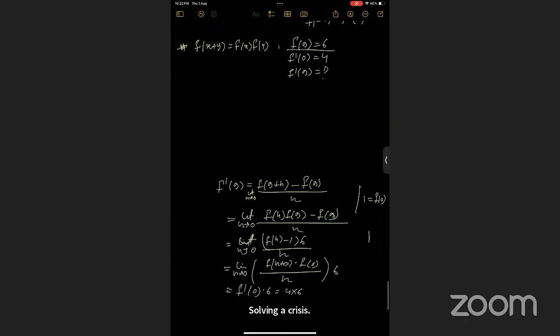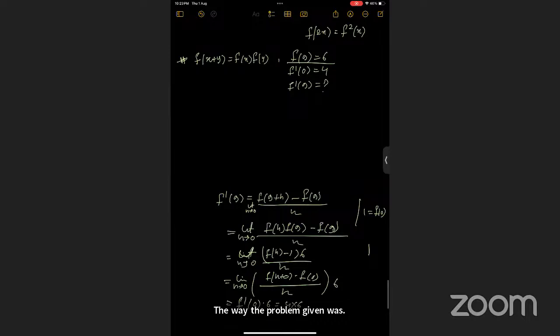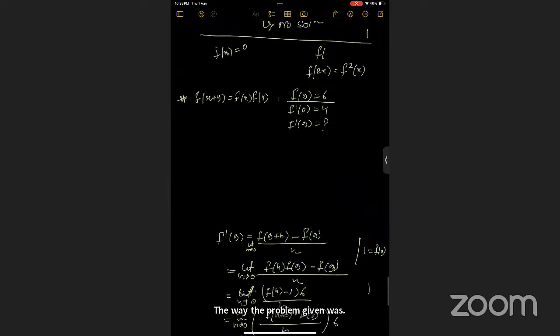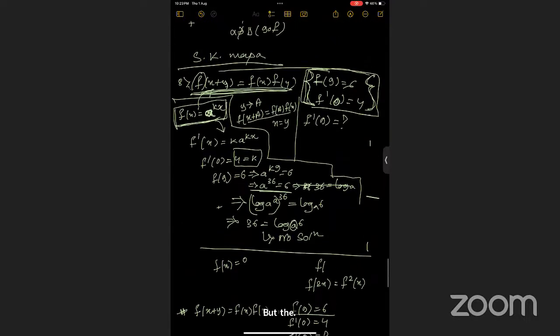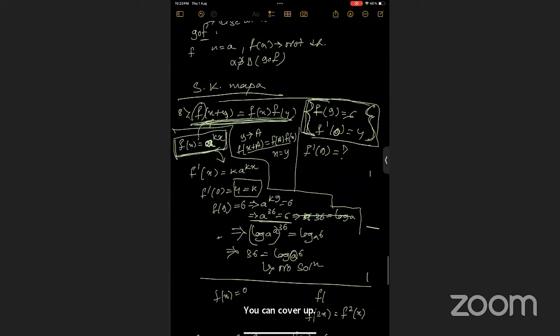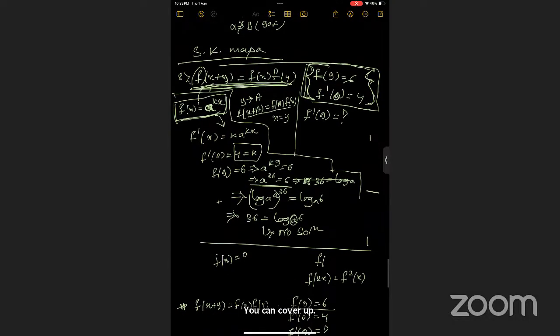I know the problem given was not expected from IIT, but you can cover up. You can think about this example later. There is definitely some example which we have to find, but it's not coming to my mind.